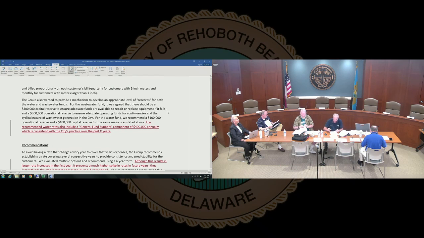And a great catch on the addition of the general fund support. It's in the spreadsheet and the workbook, but was not previously in the executive summary. And a nice catch by Bruce this morning: we have the actual table titles inverted on the two tables. So the first one is the sewer table, and the second one is the water table.